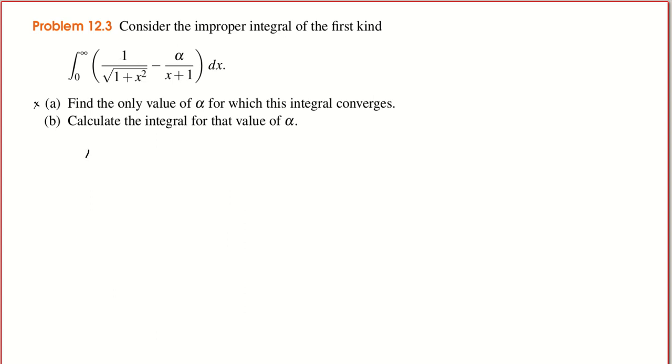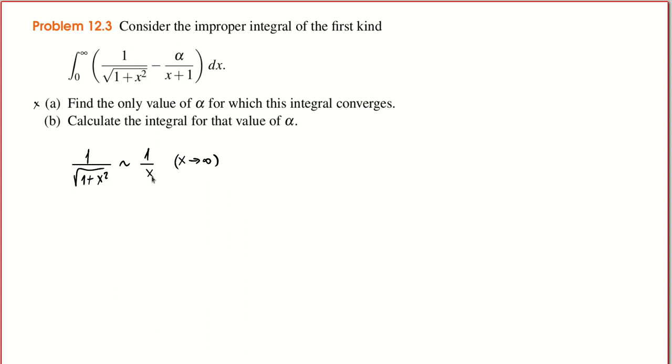Actually, we have already guessed a bit what this is about, because the behavior of this function when x goes to infinity is as 1 over x, because for x very large, the 1 doesn't matter. So you have here the square root of x squared, which is x.